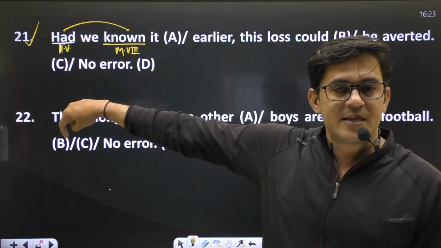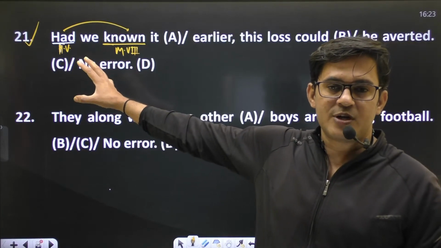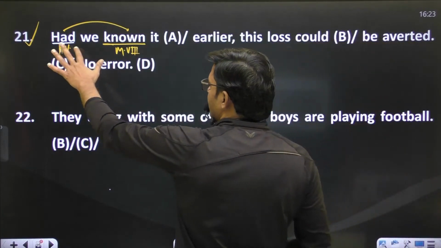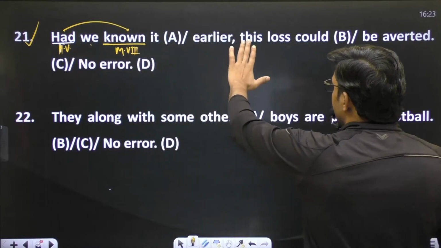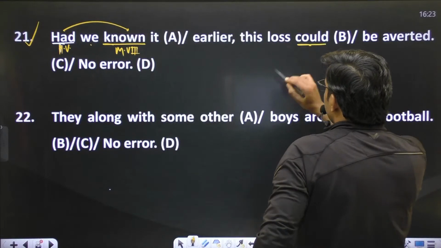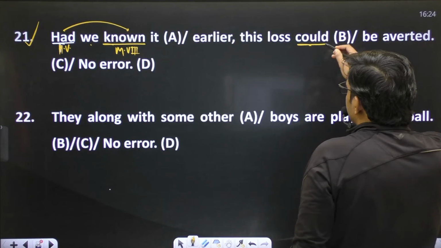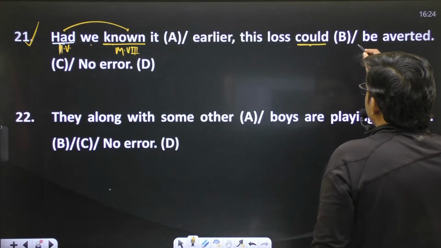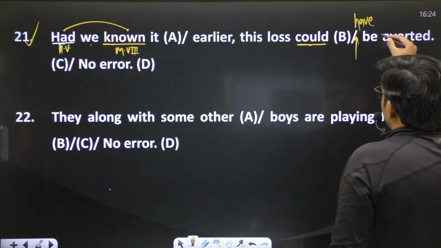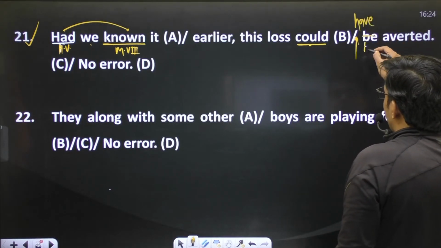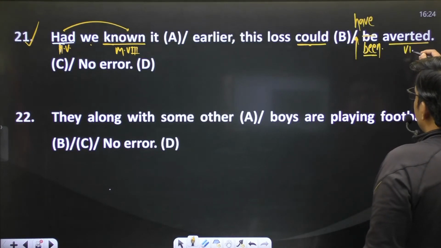In the past sentence we had the conditional word if, but if you don't have a conditional word, just use the helping verb before the subject. Had we known it earlier, this loss could. Now we know that we have to use the perfect form of could. So to make it perfect, you have to say could have, and in passive voice you have to use been, could have been averted. This one is the third form of the verb.